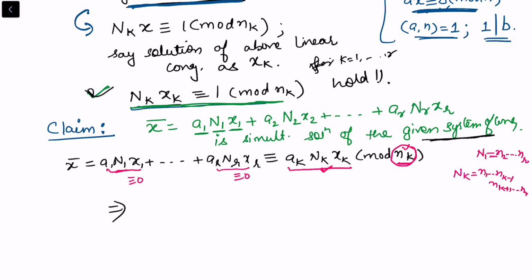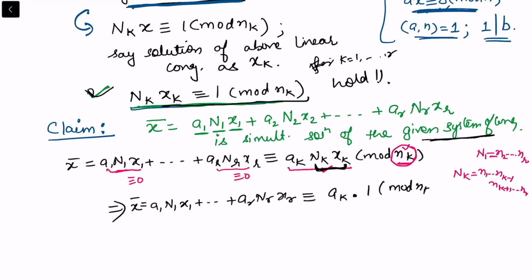So I can write this expression as a1 capital N1 x1 plus so on up till ar capital Nr xr. This is the value for x bar, and this is congruent to ak multiplied by 1, so I have replaced this value as 1 from the previous expression, modulo nk. So we can see that x bar is congruent to ak modulo nk, and here k is general, 1 up till r.